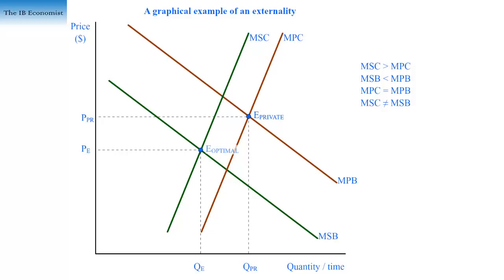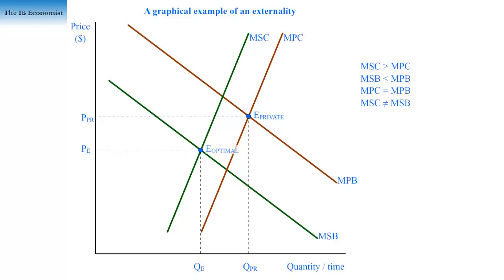When we have a different marginal private cost and a marginal private benefit, then we can expect that the equilibrium would happen at the intersection of the marginal private cost MPC and the marginal private benefit MPB, simply because individuals would look at their own costs and benefits and not the social ones. In this case, we see that the market will be located at E private instead of the E optimal, so we are not located at the true equilibrium point.